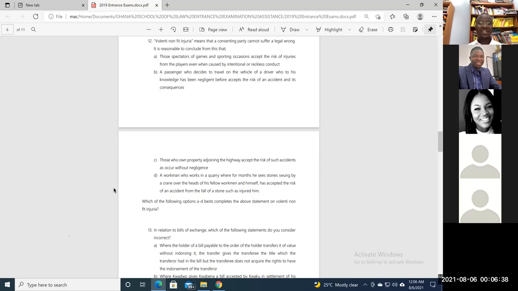That is really unreasonable. So B is out. We're using the elimination method to take B out as not a good illustration of voluntary assumption of risk. Now, what about C? Those who own property adjoining the highway accept the risk of such accidents as occur without negligence. That is also unreasonable. You know why it's unreasonable?